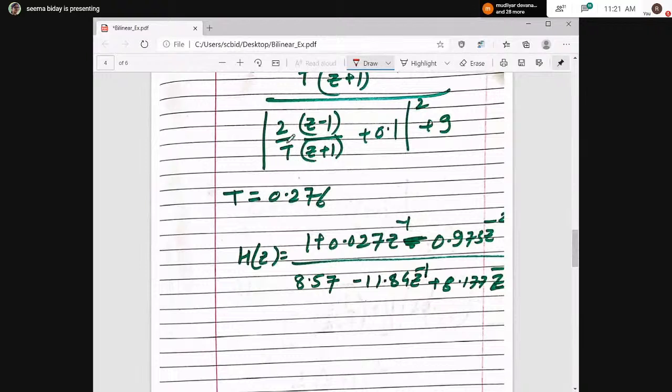Simply put the value of T equal to 0.276, and you can calculate H of z. This is how you have converted H of s to H of z. Is everything clear? You write down and verify the answer. If you have doubt, you can ask me.